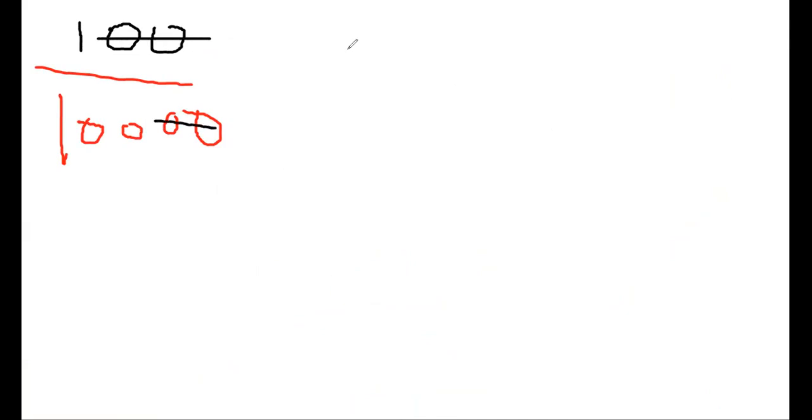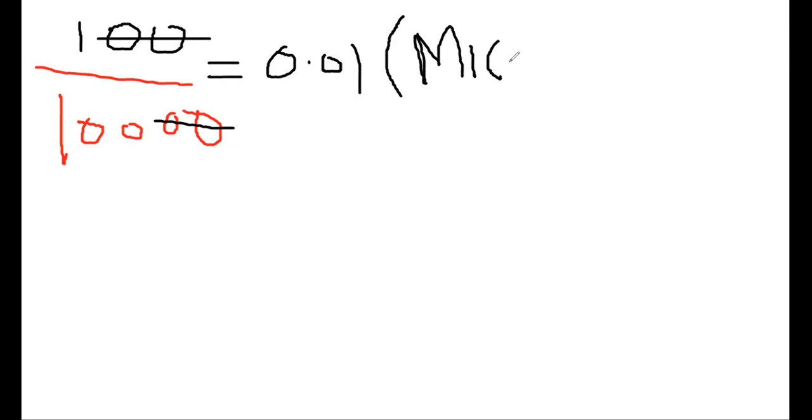Zeros cancel zeros. 1 divided by 100 is what? 0.01. So this 0.01 is called what? A micro lot size. I repeat, 0.01 is called a micro lot size.